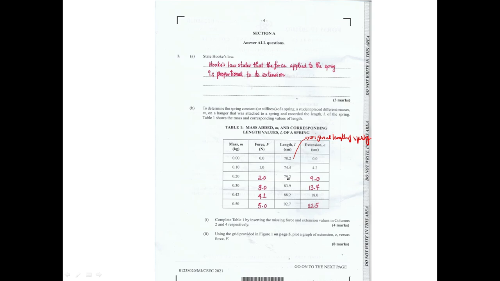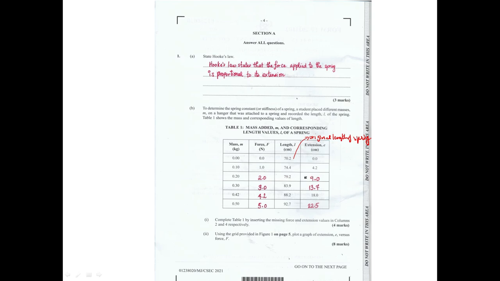And if you keep going down, now it's 79.2. But remember, if you have the original length of the spring, you could always work out the extension by subtracting the original length of the spring from the new length of the spring. And that will give us 9, right?